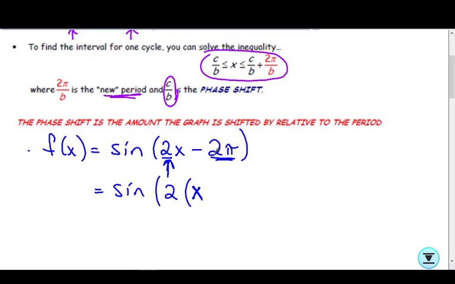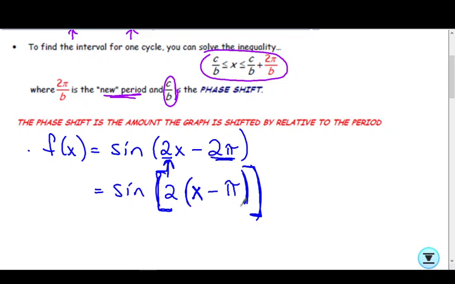And when you take out your common factor of 2 from both, and I'll put these in brackets so you can see it, you can see that it actually only moves to the right pi. Because the horizontal compression not only compresses my wave, it compresses my shift as well. And that's what we mean by a phase shift. Okay? But we'll talk more about those next week.